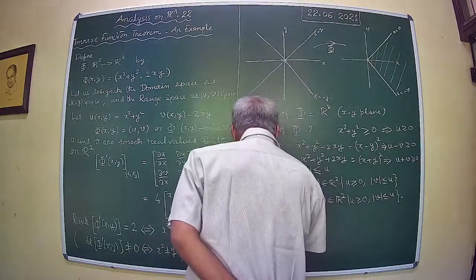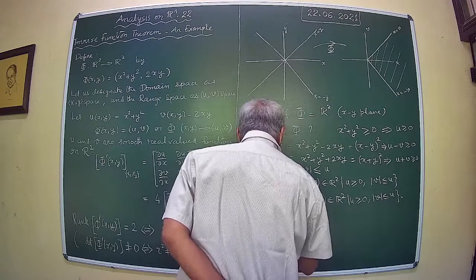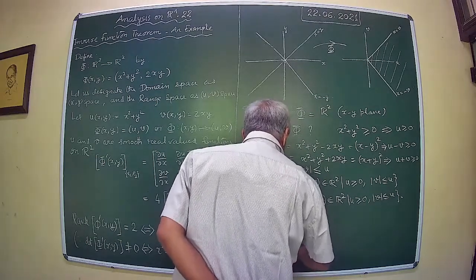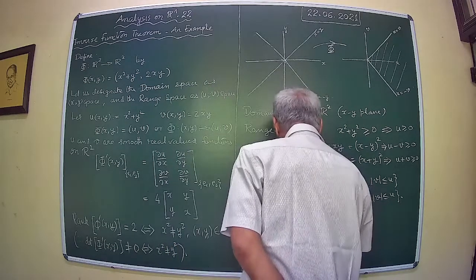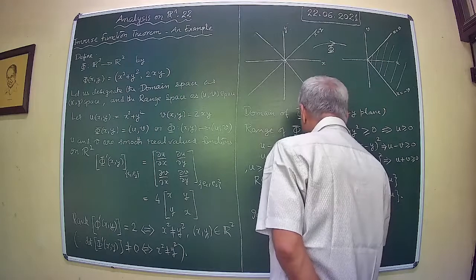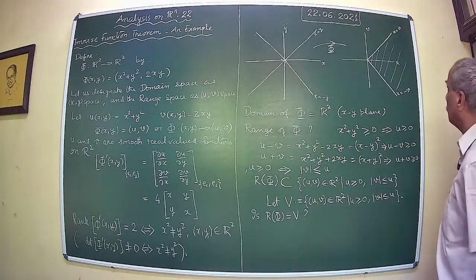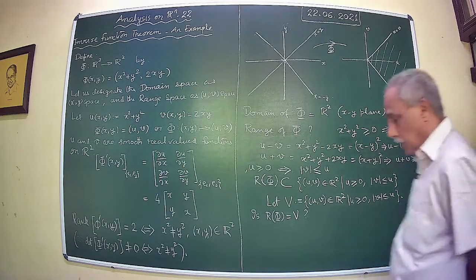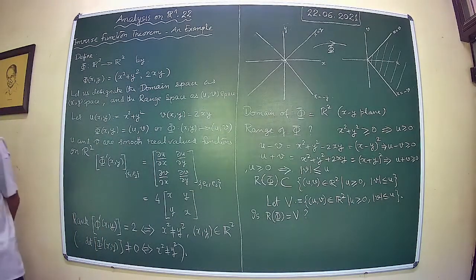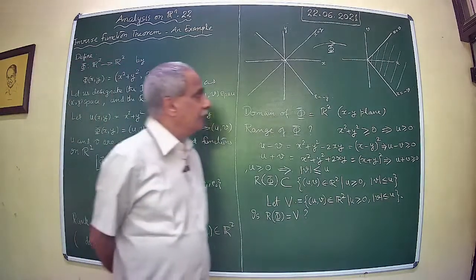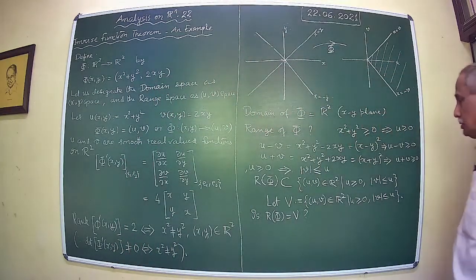Then is the range equal to V? So what you have to do is you have to take some (u,v) belonging to V and then show that there is a corresponding (x,y) which gets mapped to it. Okay.